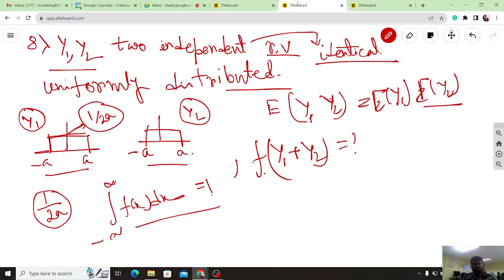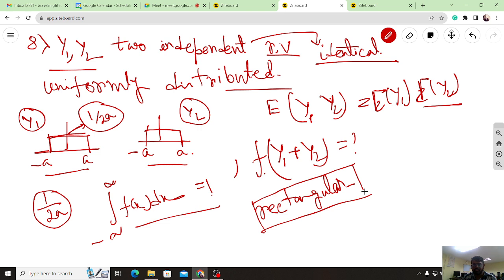So one sort of notation is both of them are a rectangular pulse. As we have discussed earlier for the Fourier transformation, this is a rectangular pulse with an amplitude of 1 by 2a and width 2a.